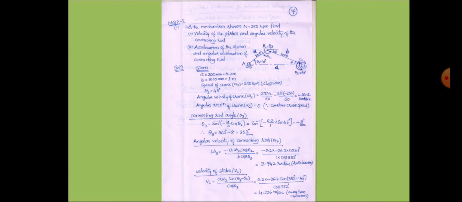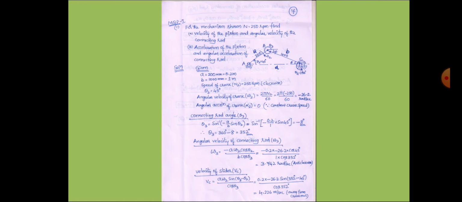And angular acceleration of connecting rod, alpha 3, is equal to A omega 2 square sine theta 2 plus B omega 3 square sine theta 3 minus A cos theta 2 alpha 2 by B cos theta 3. And acceleration of slider AC is equal to A alpha 2 into sine of theta 3 minus theta 2 minus A omega 2 square into cos of theta 3 minus theta 2 minus B omega 3 square by cos theta 3.